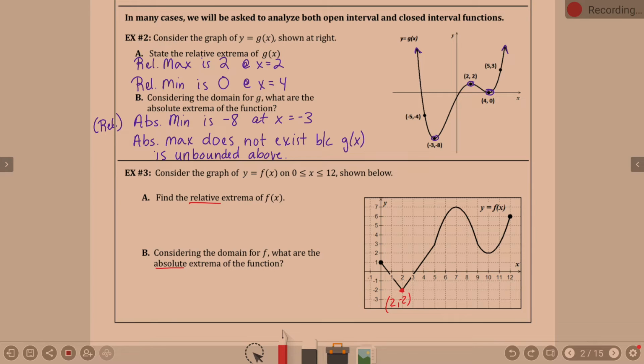And in my notes, I have it listed in both places, but I'm going to go ahead and just put it here for right now. Absolute min. The absolute minimum value is -2 at x equals 2. Okay? And that is relative, so it could be listed up above as well.